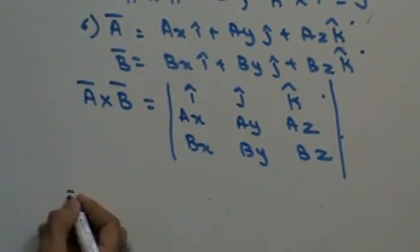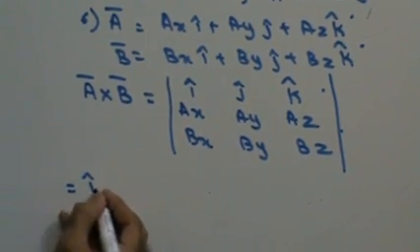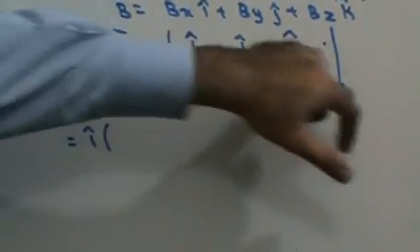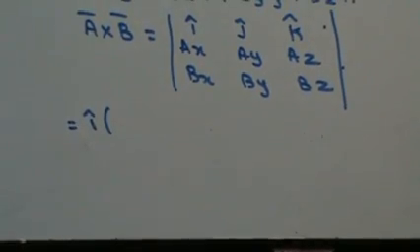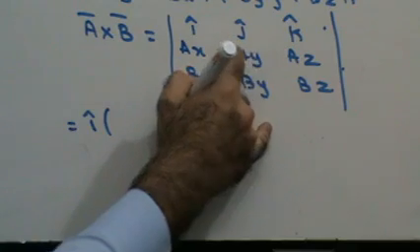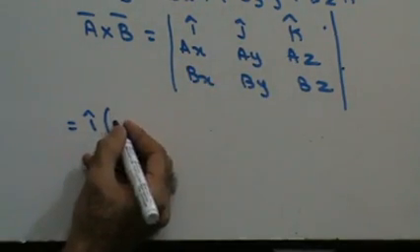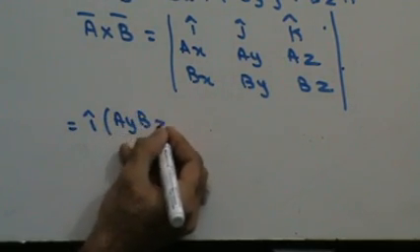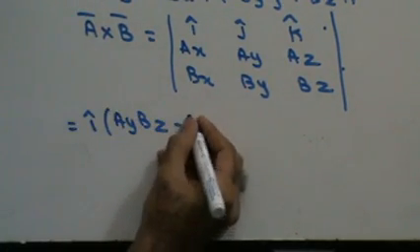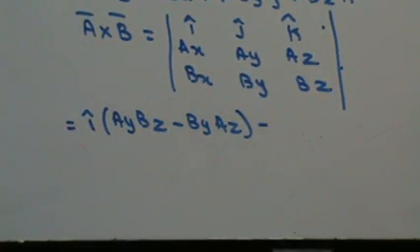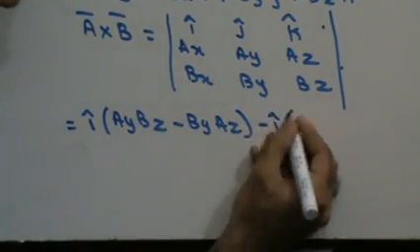I'll tell you how this will be. This is going to be I vector. Now if I take I vector, I cannot take this column and this particular row. How do you do determinants? It is the product of the principal diagonal minus the other diagonal. Meaning this will be Ay Bz minus By Az. Minus. Why minus? Guys, that's a part of the formula. Minus J vector.